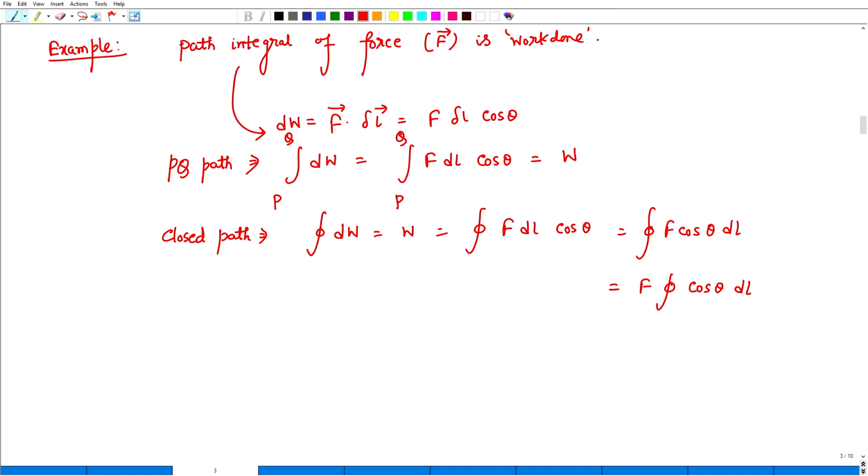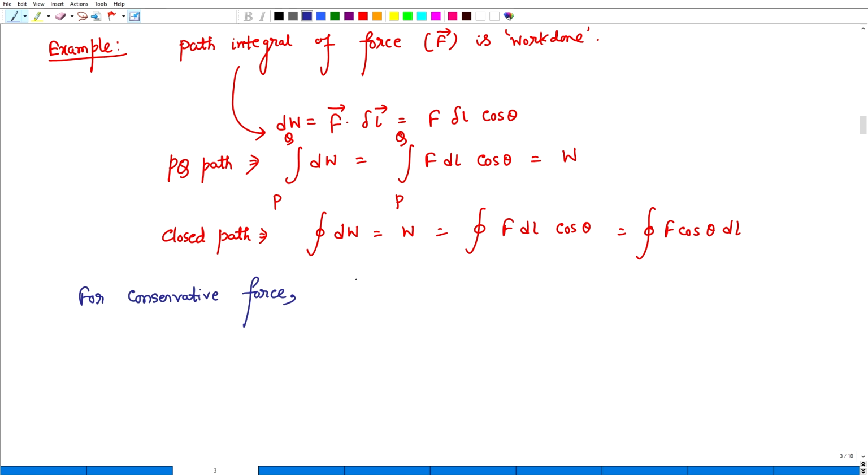Here one more thing, yes, for conservative force we can write, okay, let me write it clearly. For conservative force, what I said, that F is constant.